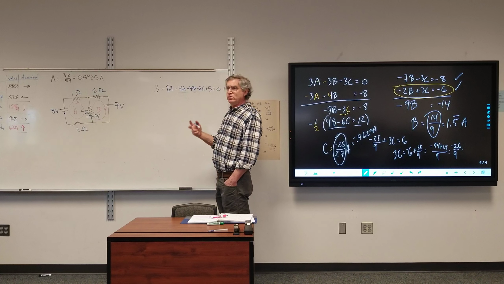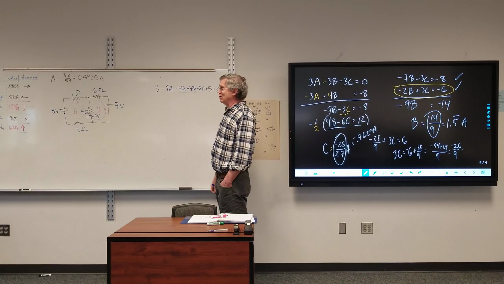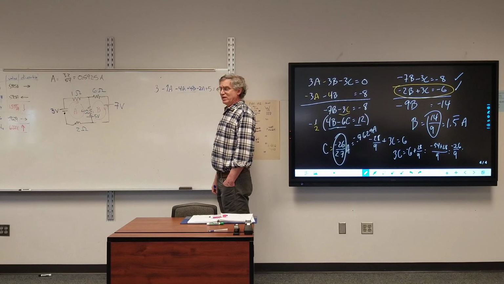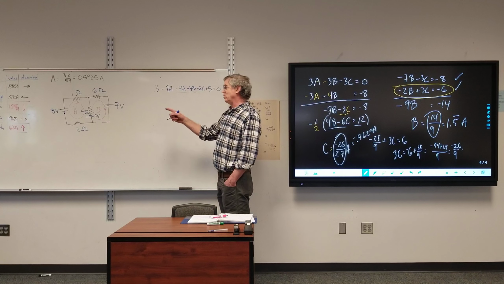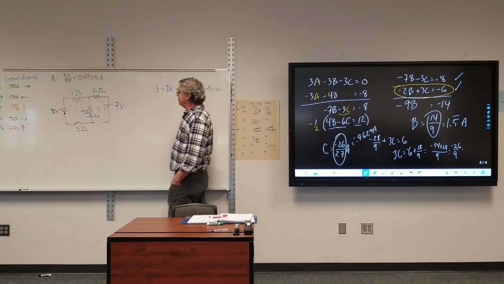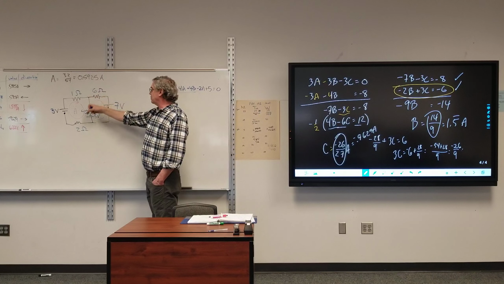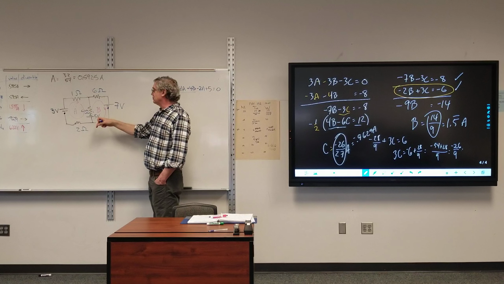All right. One equation, two unknowns. Let's do another equation. We can start anywhere. All I know is I can't do the left loop, I've already done that. I have the right loop and I have the entire loop. But I'm going to start here, again, and I'm going to go counterclockwise.